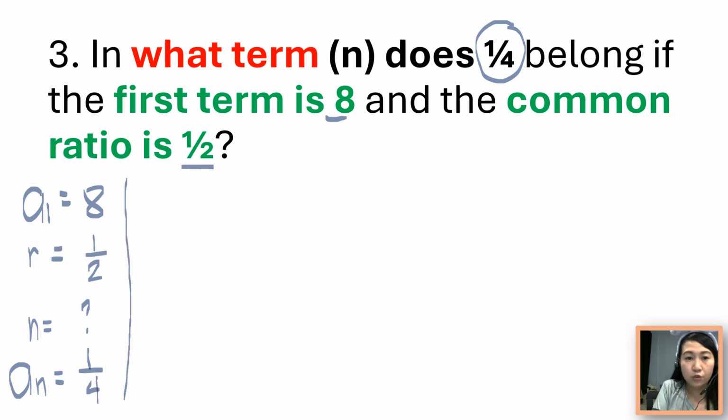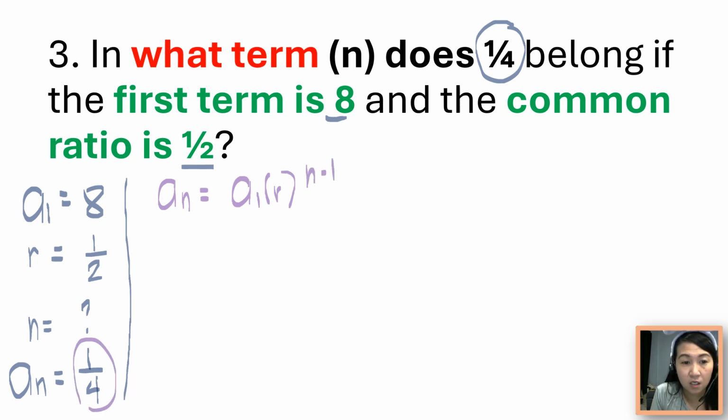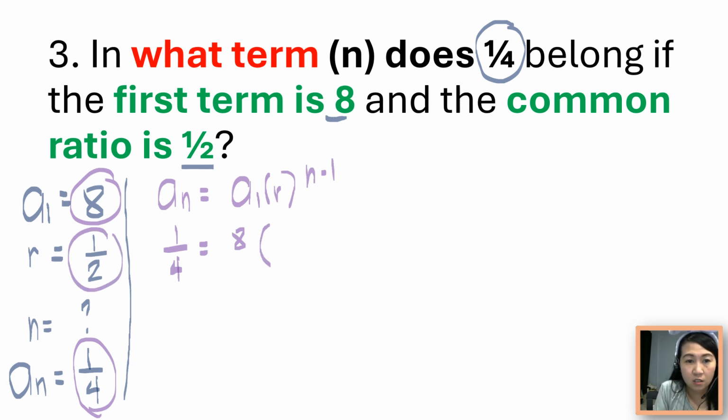For step number 2, we need to substitute it to our formula. A sub n is equal to A sub 1 times r raised to n minus 1. Our A sub n is 1/4. So just write 1/4. Our A sub 1 is 8. Our r is 1/2.